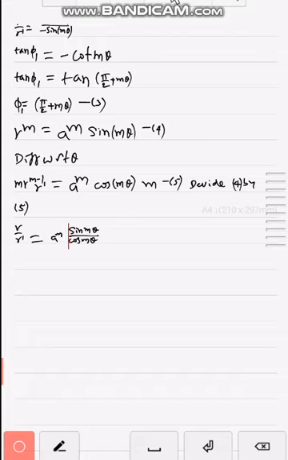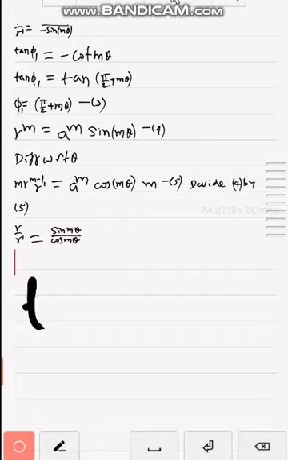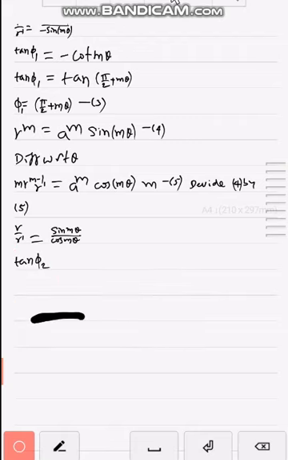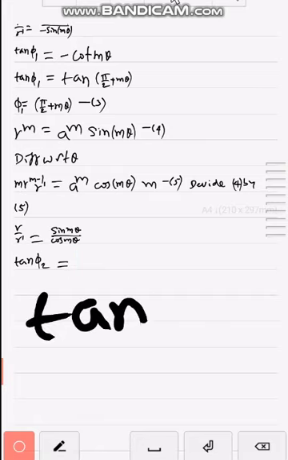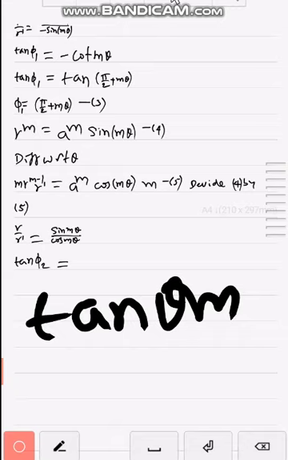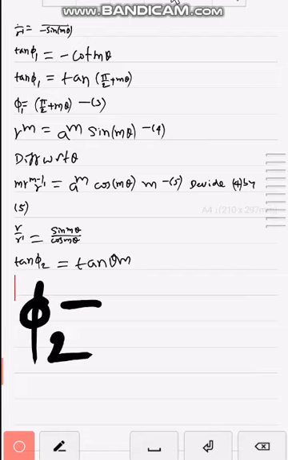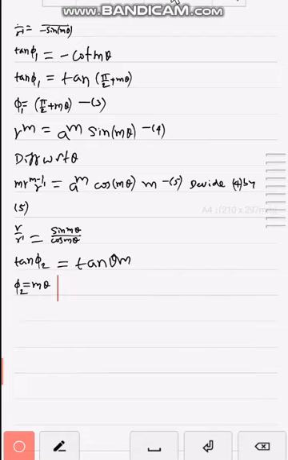That is, we have sin m theta divided by cos m theta. So LHS is nothing but tan phi 2. So we have tan phi 2 is equal to sin divided by cos, which is tan m theta. So we have phi 2 is equal to m theta. Now of course let us call this equation 6.